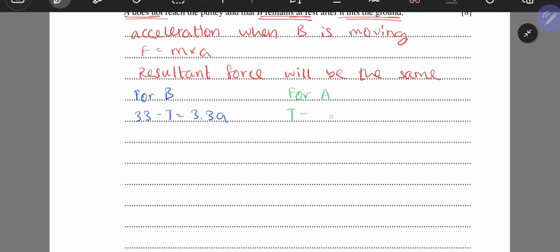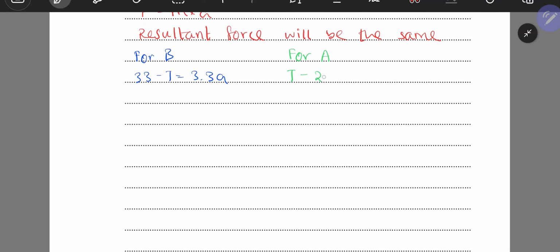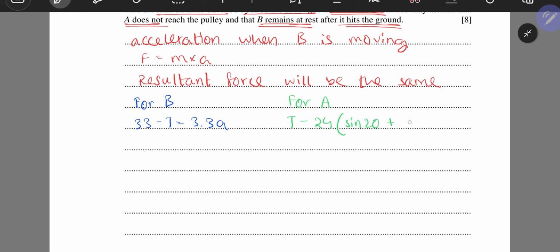We could take mg common, to be honest. So if mg is common, what was the mass? The mass was 2.4. So that's 24 (mg) sine 20 plus mu R. So mu is 1.01, and since R is cos 20, this is equal to 2.4a.